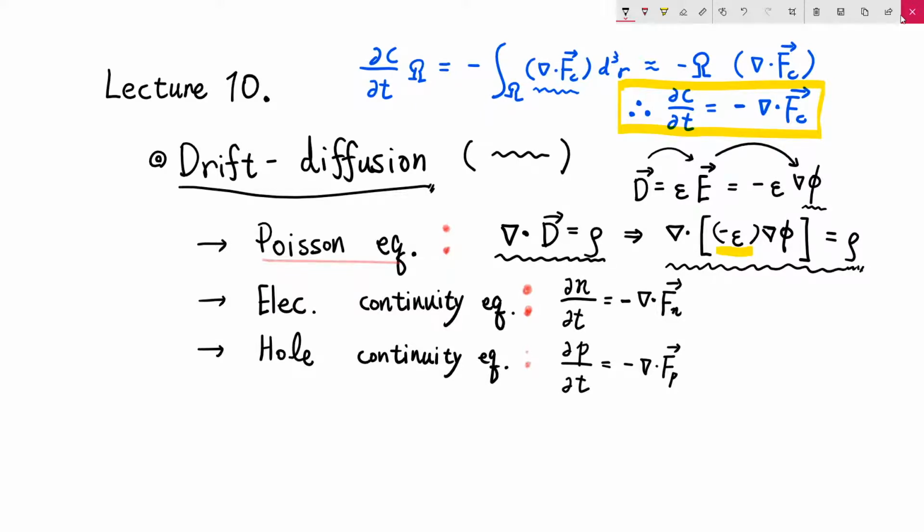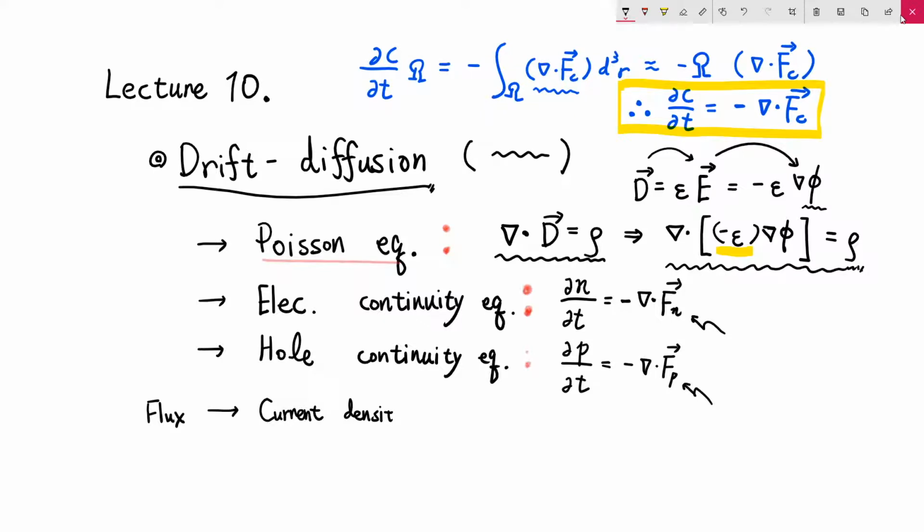However, usually we don't adopt this. Of course, it depends on the situation, but usually instead of the flux itself, we have an alternative quantity. This is just the electron flux, and this one is the hole flux. However, we wanted to switch the carrier flux to current density.